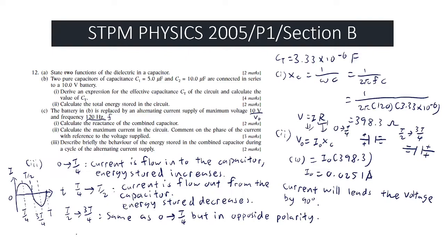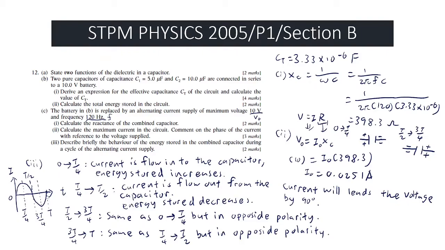And finally, this 3T over 4 to T will give us the same as this T over 4 to T over 2, but in opposite polarity.